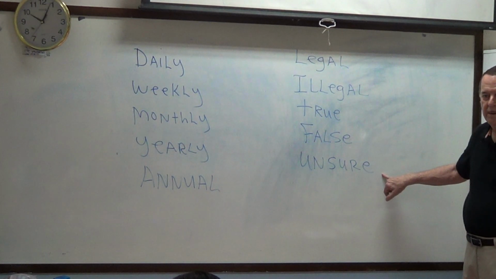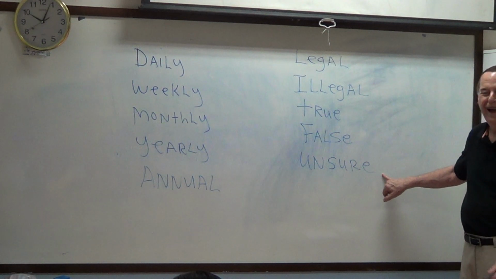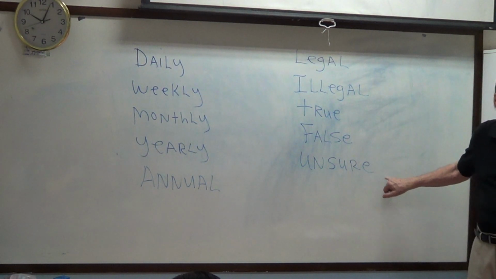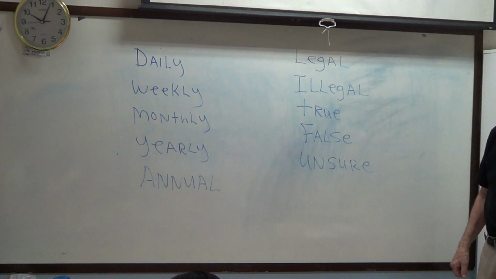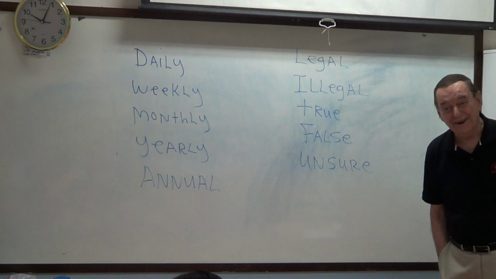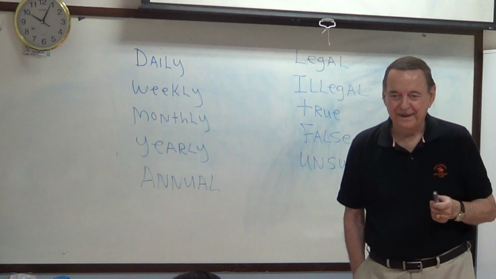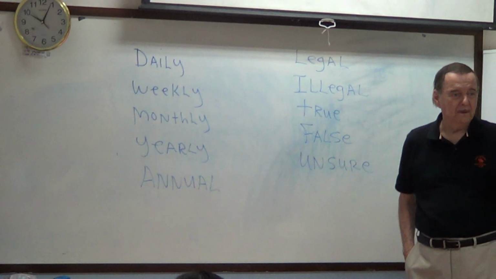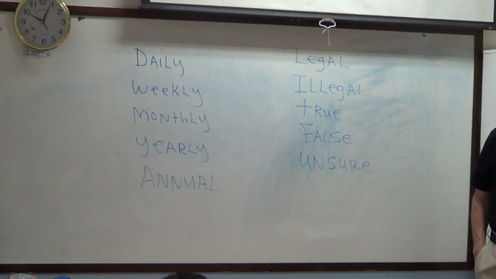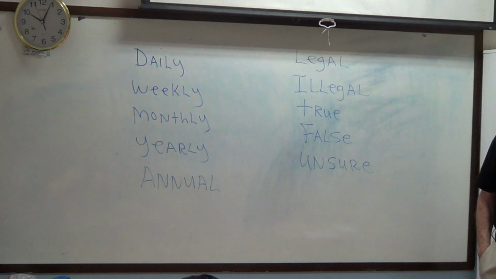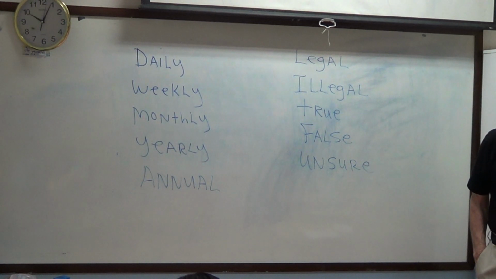Unsure. Not sure. Exactly. That was very good. Unsure, not sure. Right. Unsure, not certain. Is it true or is it false? Well, I'm not sure. I'm unsure about that. It could be true or it could be false.